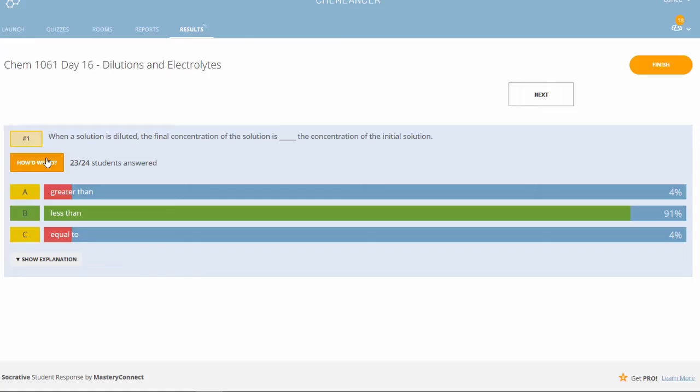So that's one of the things that when you do these dilution problems, you need to think about in terms of your answer. Then the next one: when a solution is diluted, the volume of the diluted solution is what compared to the volume of the initial solution?